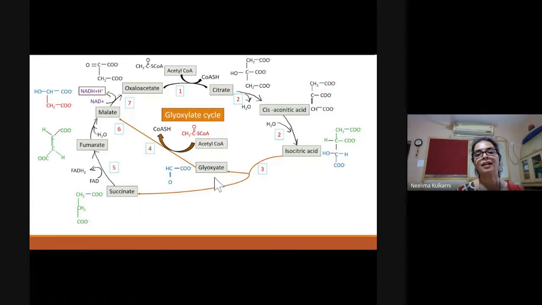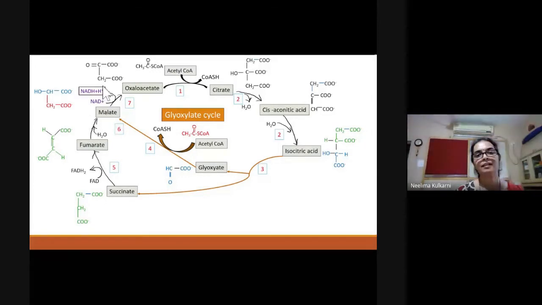Glyoxylate will then interact with a 2-carbon derivative acetyl coenzyme A. So one more molecule of acetyl CoA can react here. Coenzyme A will be released, and glyoxylate plus acetyl coenzyme A will produce the 4-carbon compound malate.